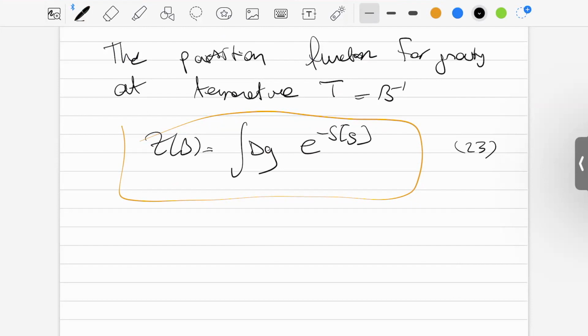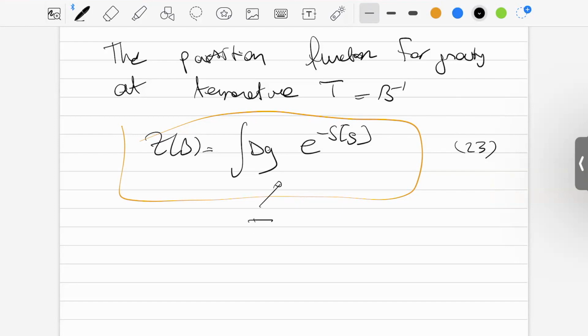Remember that S is the action of a classical theory. If you remember what I said before, the path integral formalism is just this integral where you integrate e to the iS, where S is the classical action, the action for the classical theory. So path integral means that a sum of classical things gives you a quantum object.